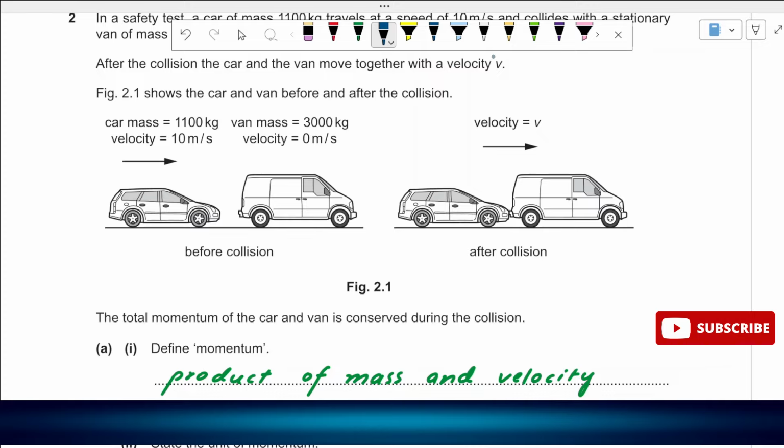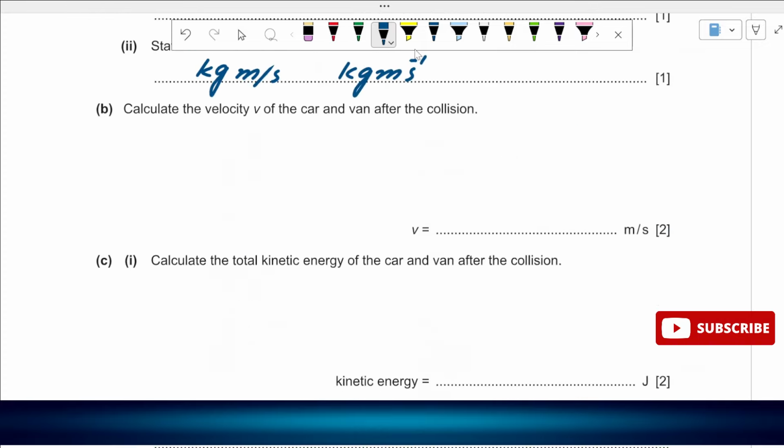So what is the expression that we use in this case? Well, we use the law of conservation of momentum, which is m1 u1 plus m2 u2 equals m1 v1 plus m2 v2. This is a general expression.